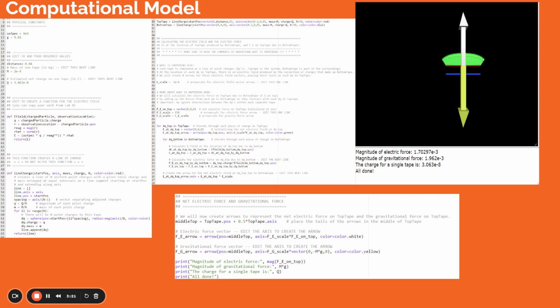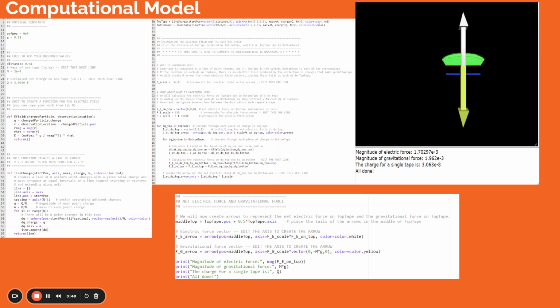And then at the bottom of the middle picture, you can see we calculated the E-field at the top due to the bottom tape, and we calculated the E-force at the top due to the bottom tape as well by multiplying the top charge by the E-field at the top, which is essentially the same thing as F equals E times Q. And then in the bottom screenshot, you can see we created the Y arrow to represent the E-force, and then the yellow arrow to represent the force of gravity.